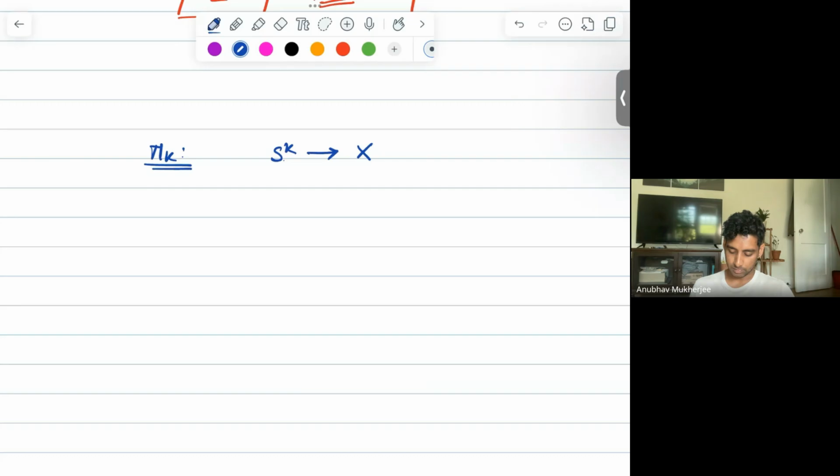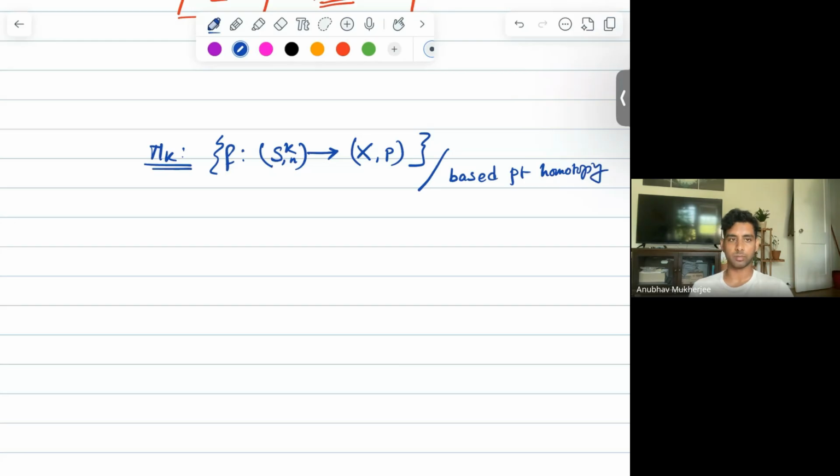So you fix a base point, let's say the North Pole N, and a fixed point P in the manifold, so N goes to P. You look at all such maps up to homotopy, all maps up to base point homotopy. So you cannot move the base point. This is the definition of pi k.